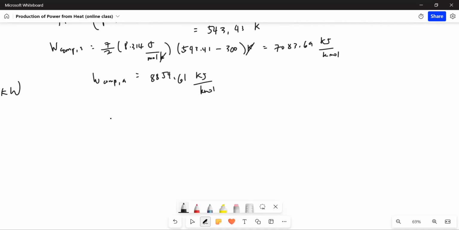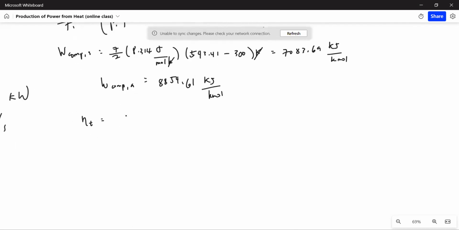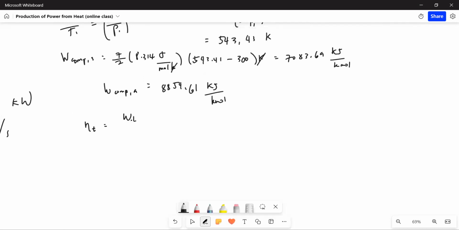Work actual of the turbine. So what again is the equation for the efficiency of the turbine? It's simply the work of the turbine, which one is the actual, which one is the isentropic.